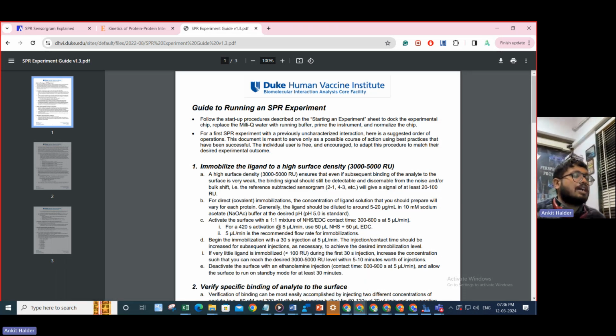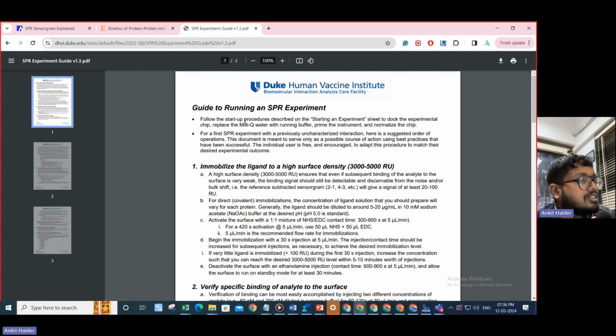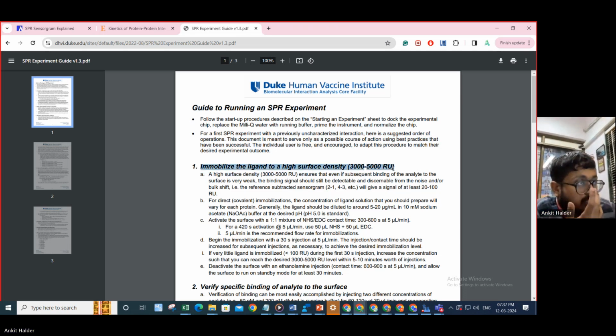The guide to running an experiment is to follow the startup procedures. With the running buffer, prime the instrument and normalize the chip, with uncorrelated solution order operations. Then immobilize the ligand to a high surface density. So this is the first thing.